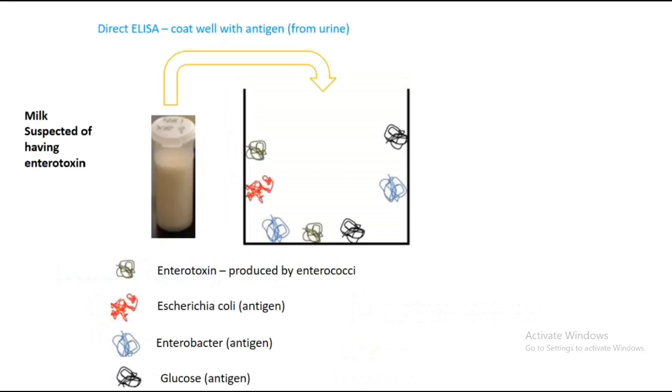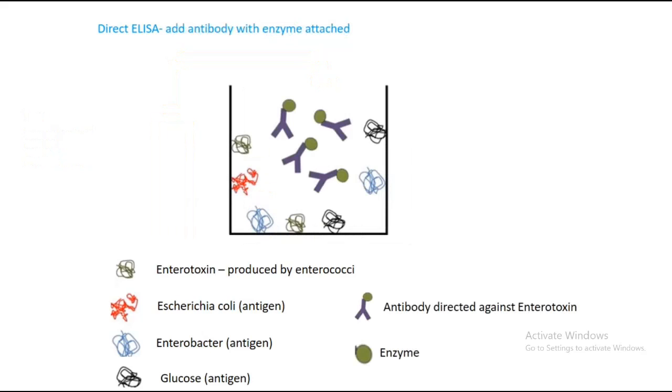So just to go over that again, you have a milk sample which you suspect of having contamination containing enterotoxin, which is dangerous to health. So you add the milk sample and a whole range of proteins and other components bind and adhere to the plate. Okay, they're immobilized.